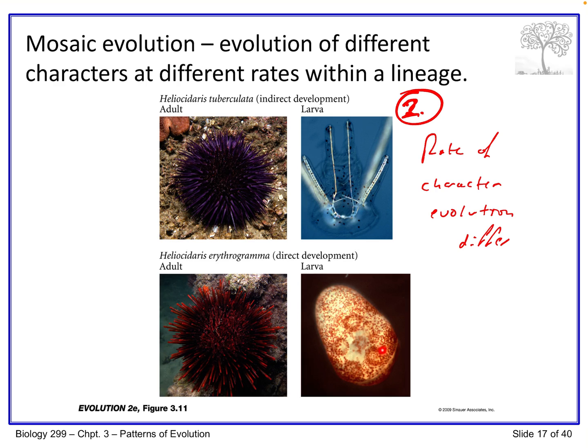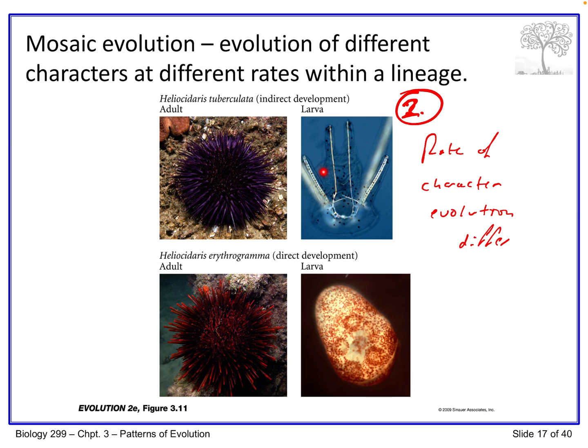So Heliosidaris erythrogramma has what's called direct development, where the larva develops into the adult without going through metamorphosis. So the larva actually does resemble the adult in many ways. However, in Heliosidaris tuberculata, the larval stage actually goes through metamorphosis. It has indirect development, so it metamorphoses into the adult.